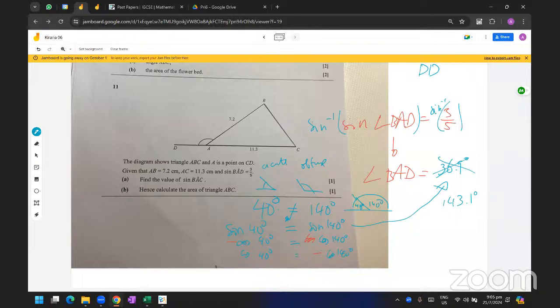Is 3/5 the angle? No. So the angle is 36.87. I get it. What is sine of 36.87 something, something, something?